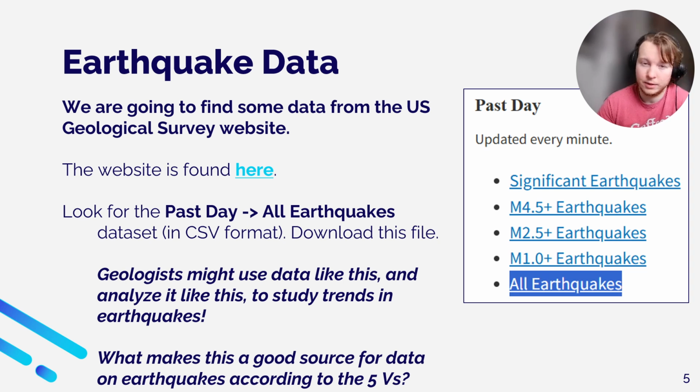It does not come from something like a WordPress blog. So we really want to emphasize to students this is a great sort of truthful data set that we could trust. There's also some other factors we can consider, like how many earthquakes are cataloged. There's potentially a lot in some of the larger data sets, and the fact that it's updated very frequently, I think every minute.